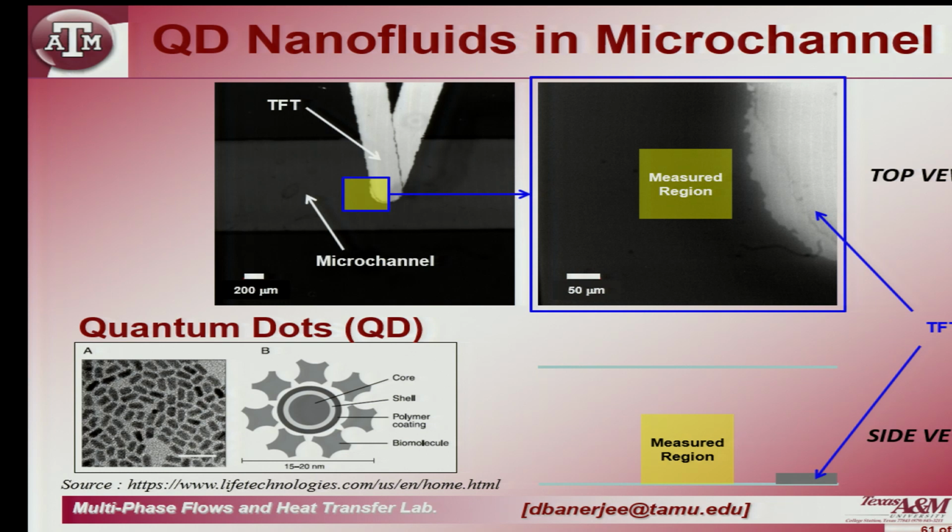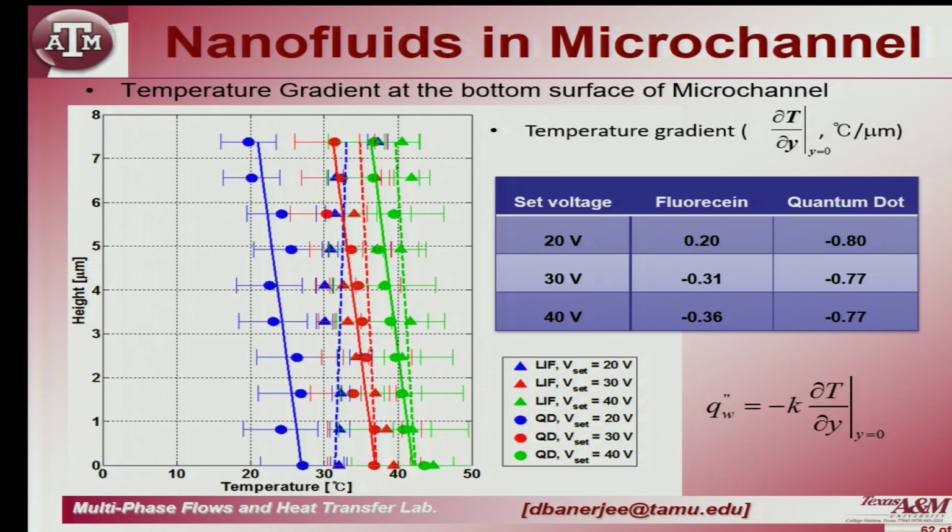So, once you excite it, the emission that comes out is proportional to the temperature. So, with 1 micron resolution, I could measure the emission intensity as a function of height. Okay, and based on that, I could plot the temperature gradient near the wall. Okay, so those are the data: quantum dot, dye, temperature gradient values.